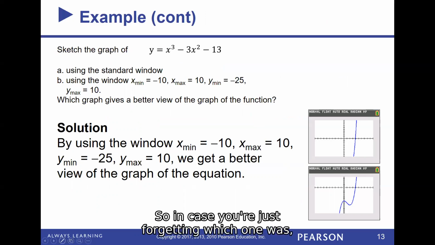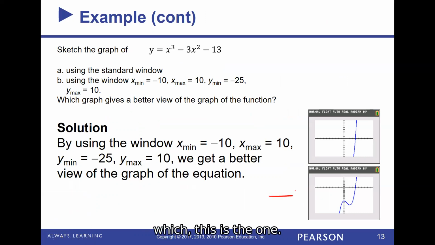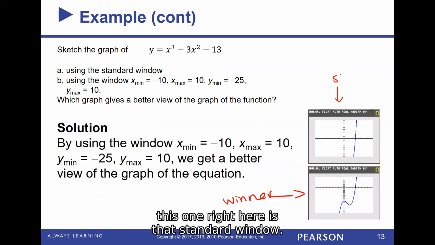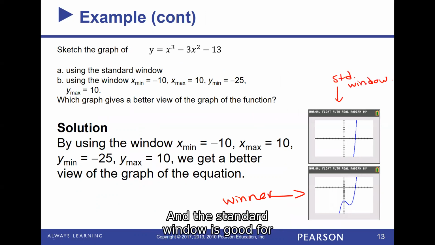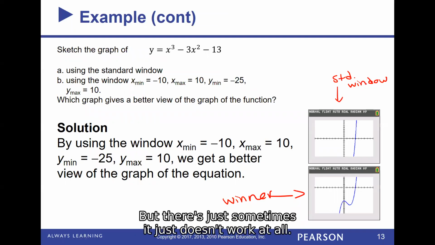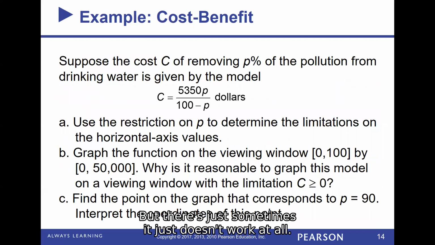Okay, so in case you're just forgetting which one was which, this is the one. This is our winner. Okay, so seeing that difference, this one right here is that standard window. And the standard window is good for doing a lot of work in math classes, but there's just sometimes that it just doesn't work at all.